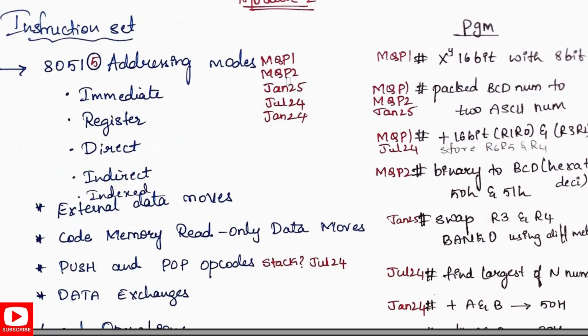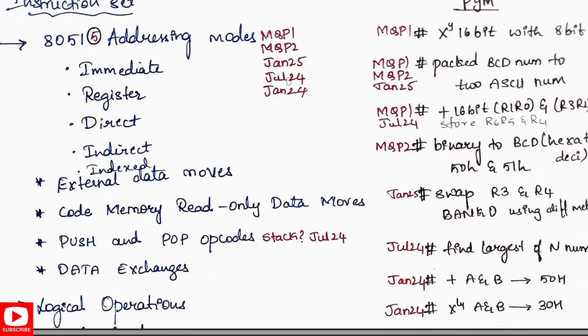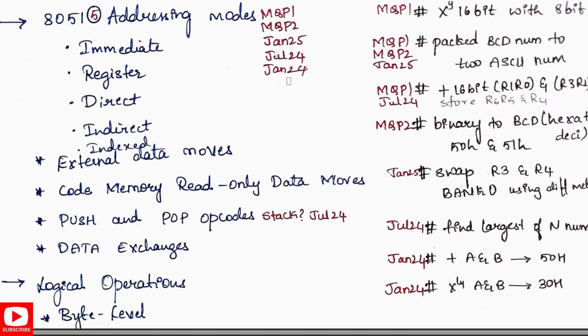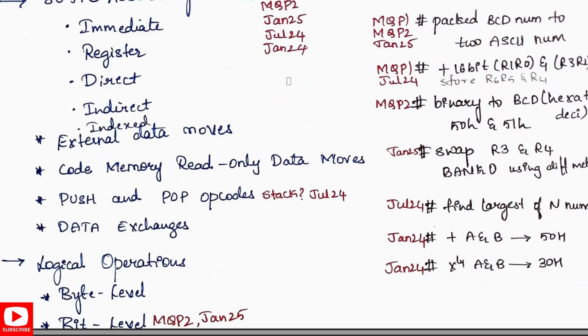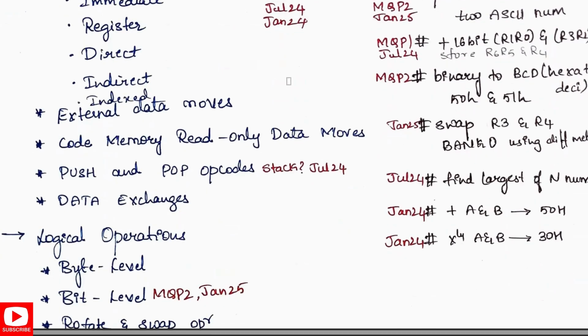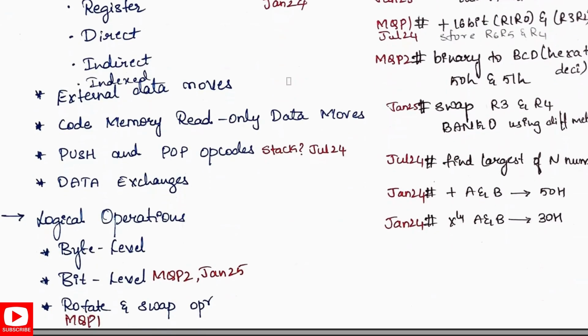In the previous year papers, the programs asked were: multiply a 16-bit number with an 8-bit number; pack a BCD number into two ASCII numbers; add the 16-bit number in R1 and R0 registers with R3 and R2 and store it in R6, R5 and R4; binary to BCD conversion, that is hex to decimal, from the 50H and 51H registers; swap R3 and R4 using bank 0 with different methods; find the largest of n numbers in the given series; addition of A and B, two registers, stored in 50H; multiplication of A and B, stored in 30H.